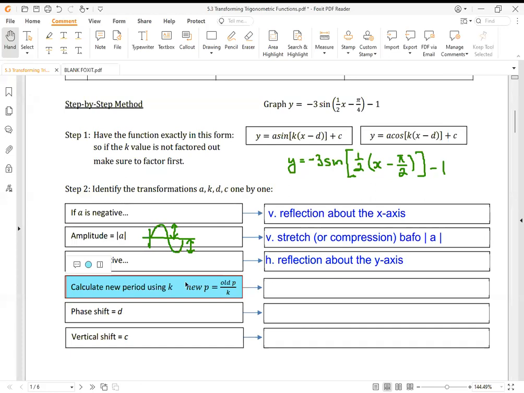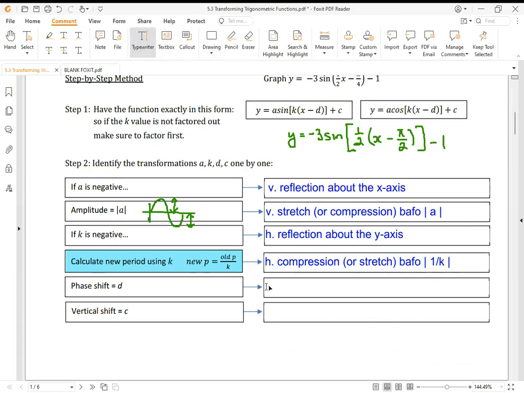If we know how large the new period is, we know what number we multiplied by or divided by. The K value is a horizontal compression or stretch, of course, by a factor of 1 over K. And I'm not interested in positive or negative because I've dealt with the reflection.